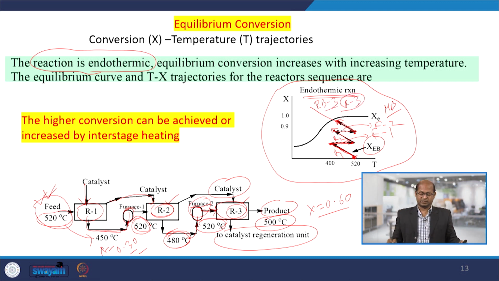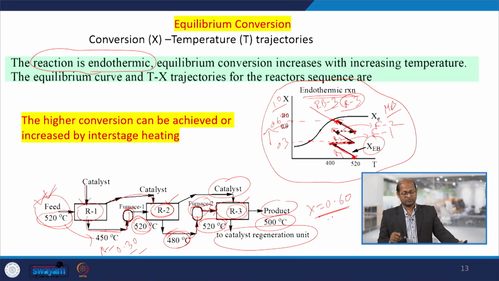This is the energy balance line for reactor 3. So, it would reach here. You can see this is the equilibrium conversion, that may be 30%, and we can reach 60% or 90%, let us say this is 60% conversion. So, we can reach 60% conversion or higher conversions this way.